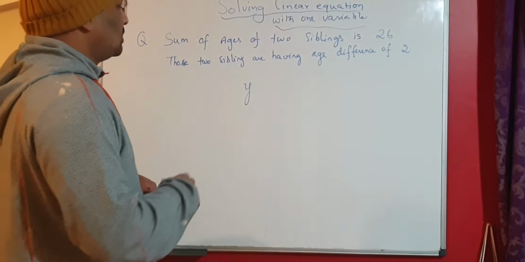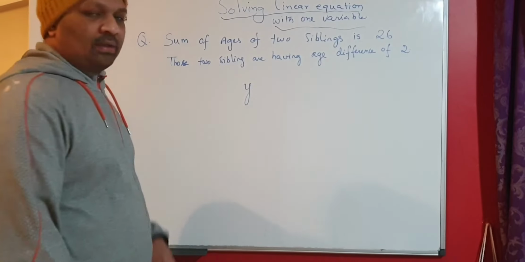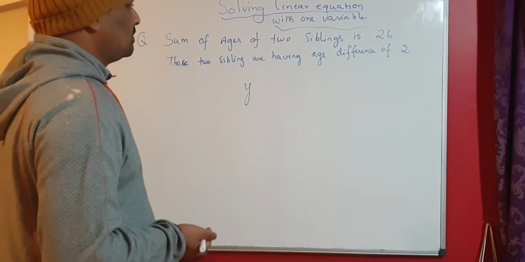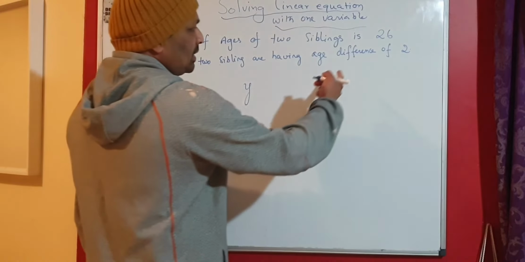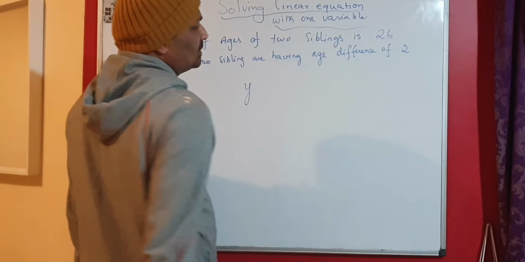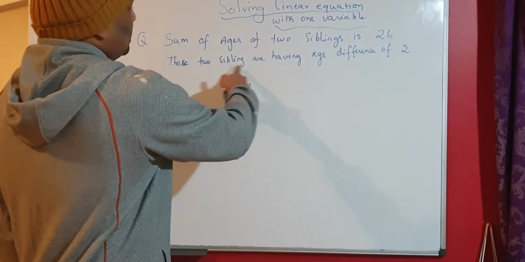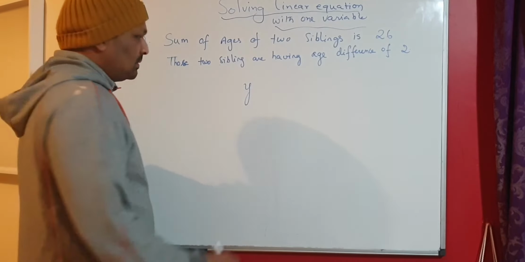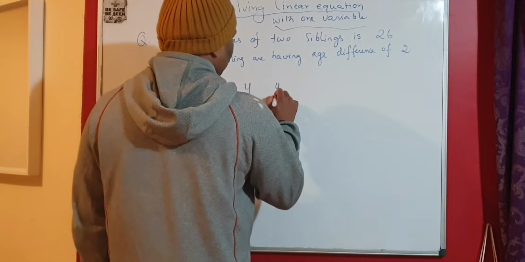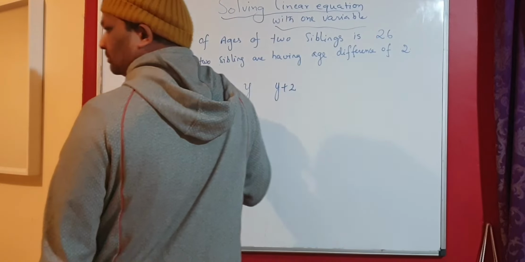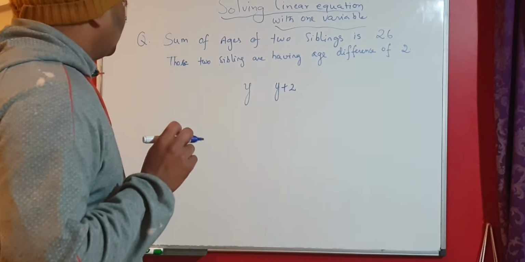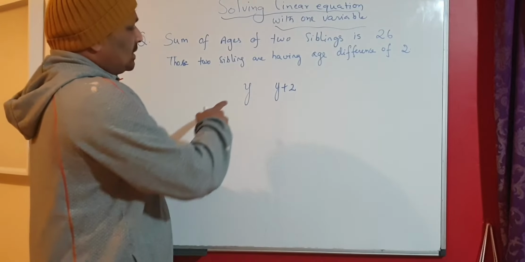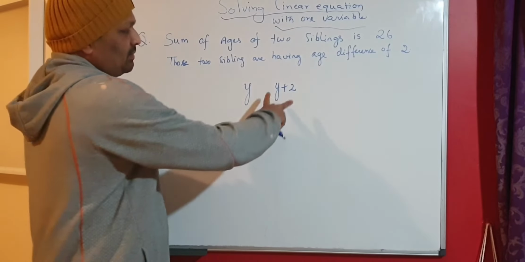So the age of the younger sibling is y, and the age of the elder sibling will be what? The two siblings are having an age difference of 2, so the elder one's age will be y plus 2.